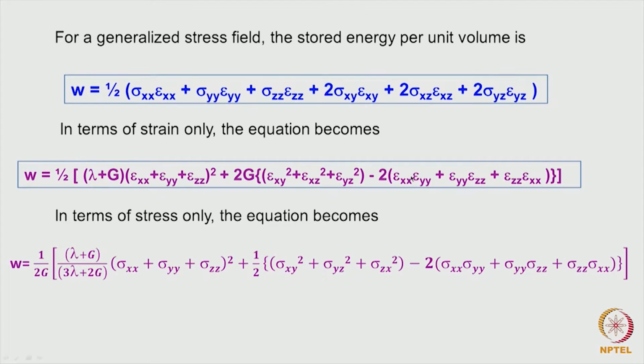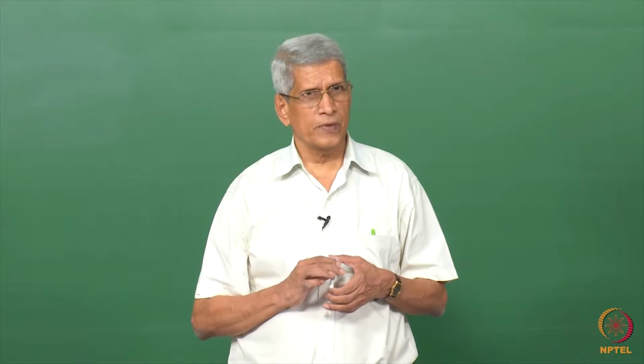But in both the cases, we can see that essentially it is strain squared that will be coming in all the terms, or the product of 2 strains, that is, if they are the same, it is a square term. That is how these values turn out to be. This is the general expression when all the components of the stress and strains are present.